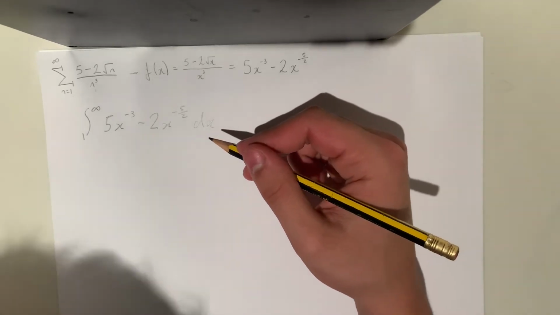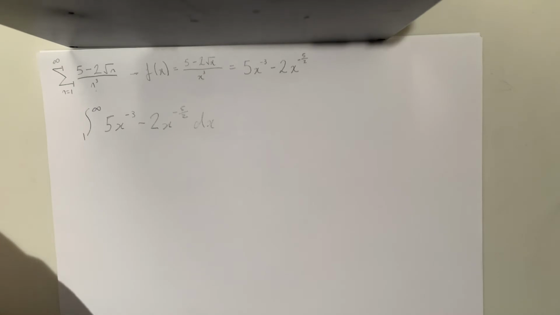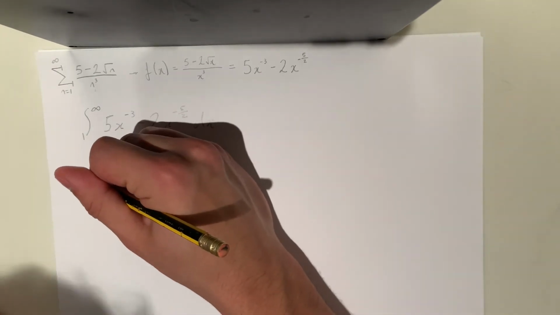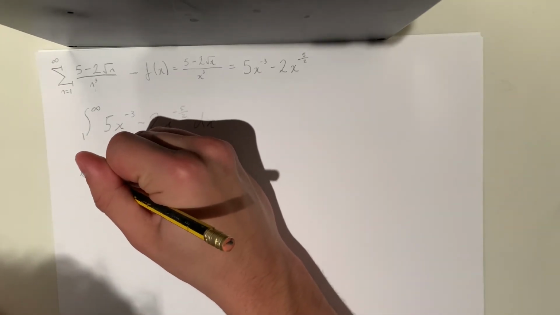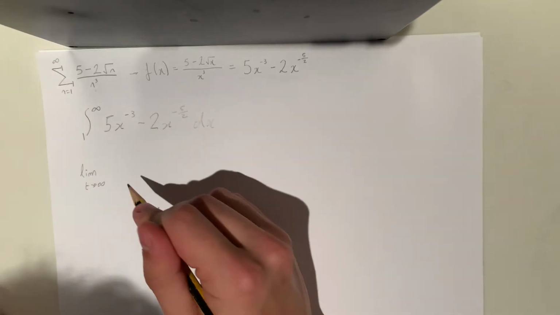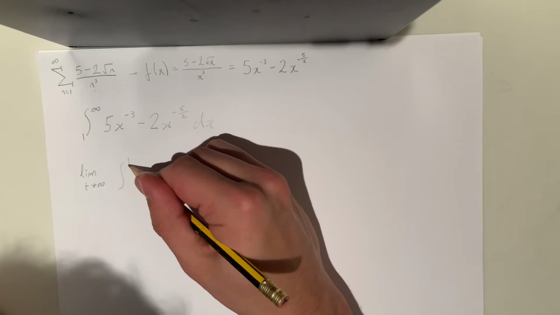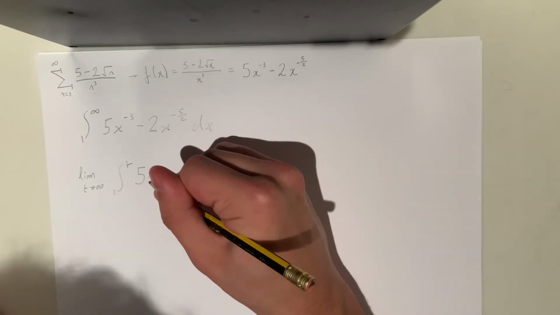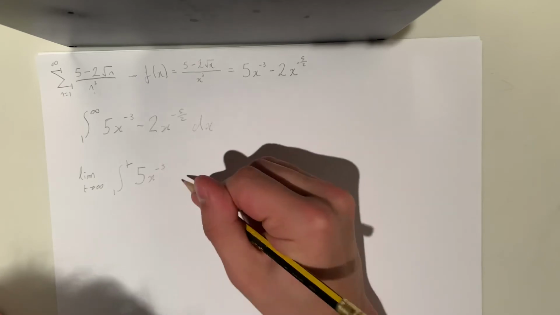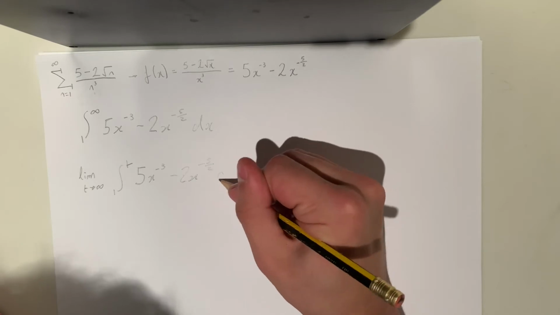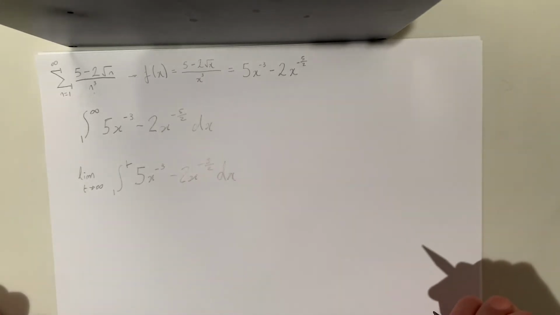Now, this is going to be the same as the limit as t tends towards infinity of the integral between t and 1 of 5x to the minus 3 minus 2x to the minus 5 over 2 dx.